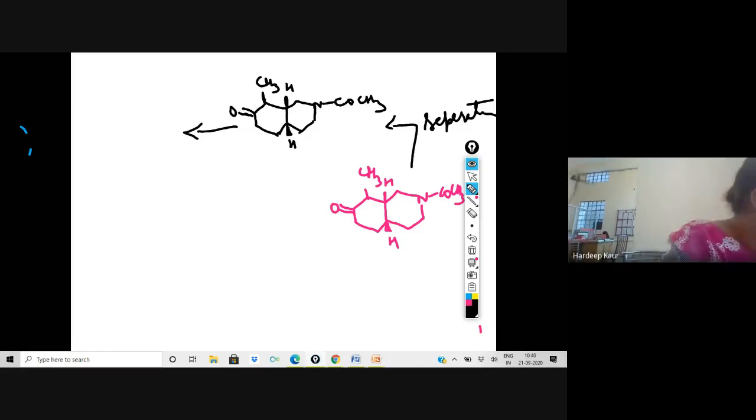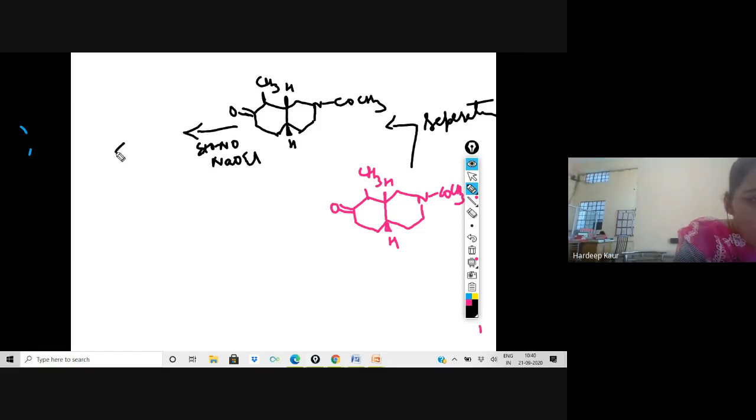we treat this with nitric oxide and with base, sodium ethoxide. So this results in formation of oxime at the keto form, and also there is cleavage.